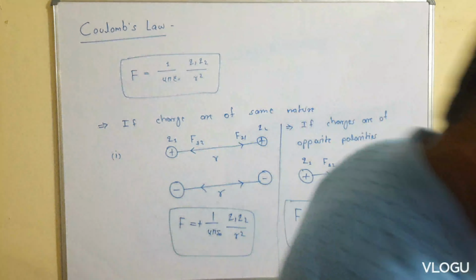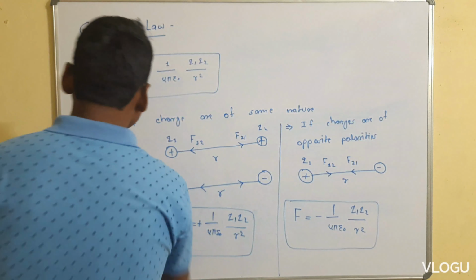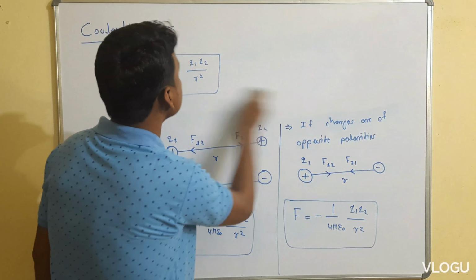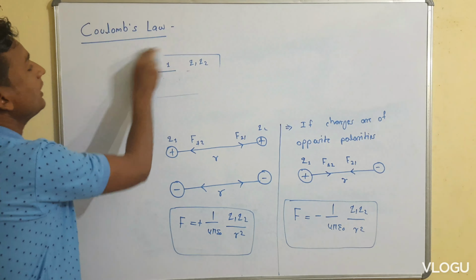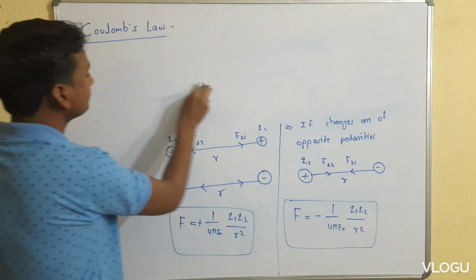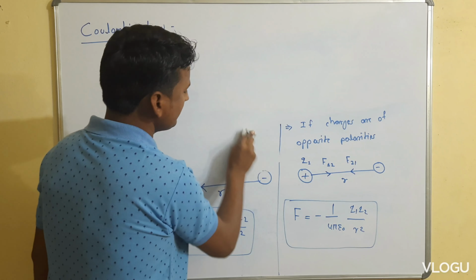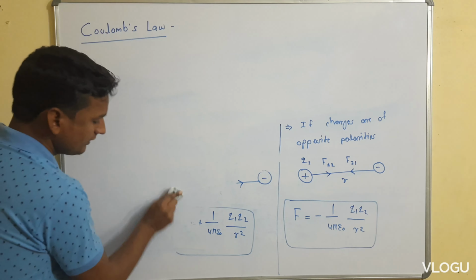Now let's move forward and discuss what the limitations of Coulomb's law are and how it works. Or we can say, what are the necessary conditions for Coulomb's law.